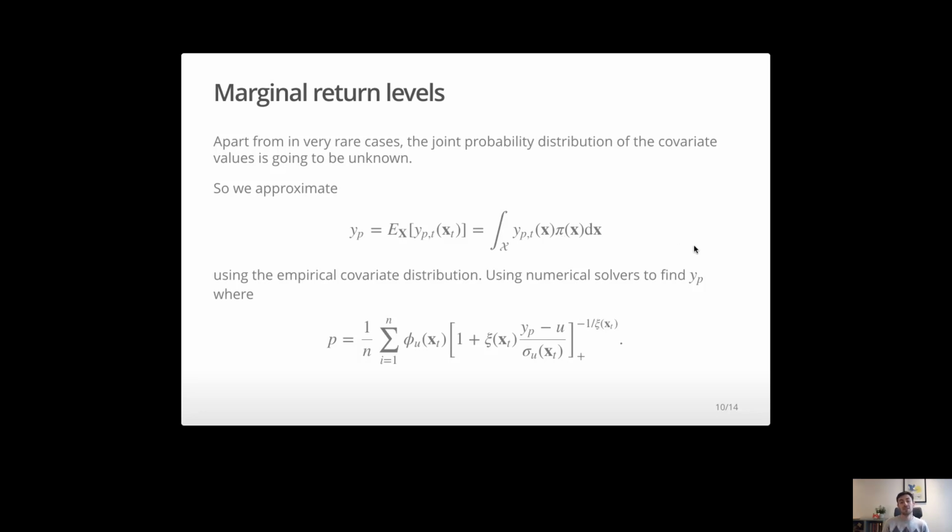One way around this is that we can simply approximate this by its empirical distribution. So look at this expectation over the observed values of covariates. What this means in general is that you're going to have to use a numerical solver to find the yp value that satisfies this equation.